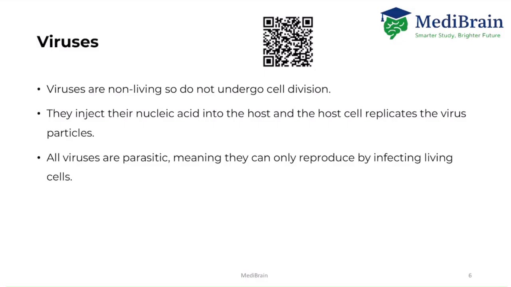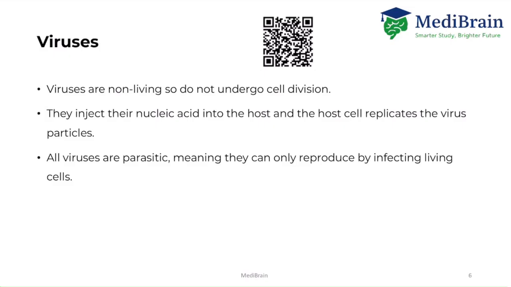So when you get a virus within you, that virus will take the nucleic acid from itself and inject it into the host cell. The host cell is our normal body cell, okay? And when it injects the body cell, the virus can enter the body cell, and it can replicate inside the body cell and it can cause cell damage.